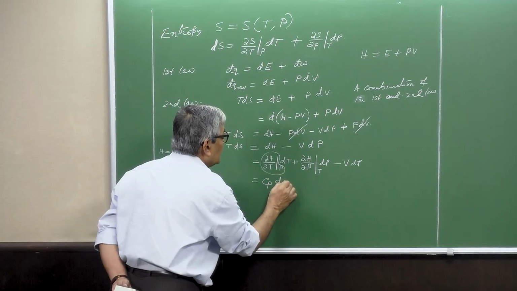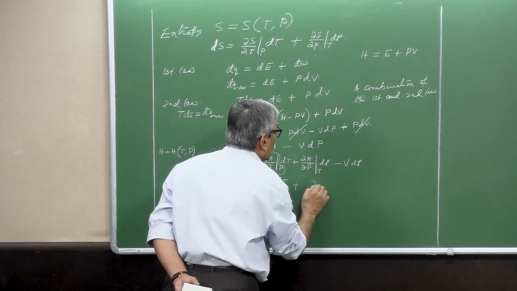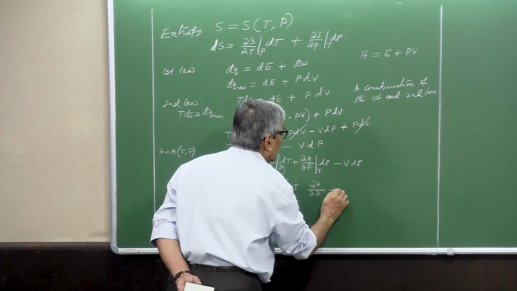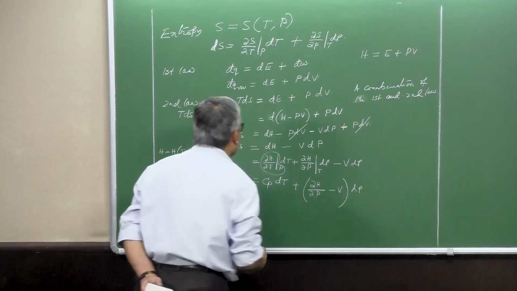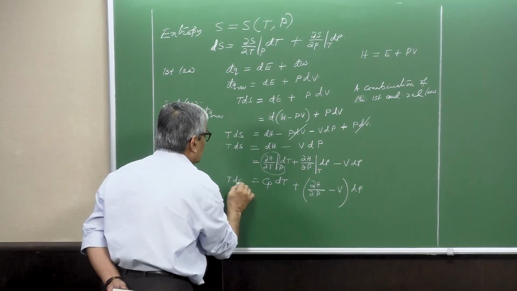So this is Cp dT plus del H del P minus V times dP, and that is T dS.